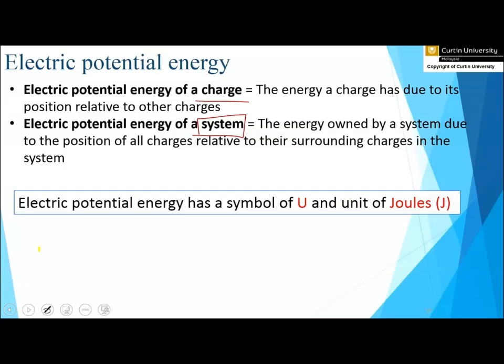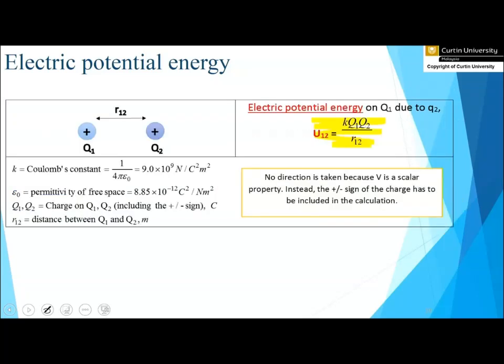And if it is referring to the system, then it is referring to all types of interaction within the system itself. So we will look at the difference between them in the example later. Electric potential energy has the symbol U, and since it is energy, the unit is joule.